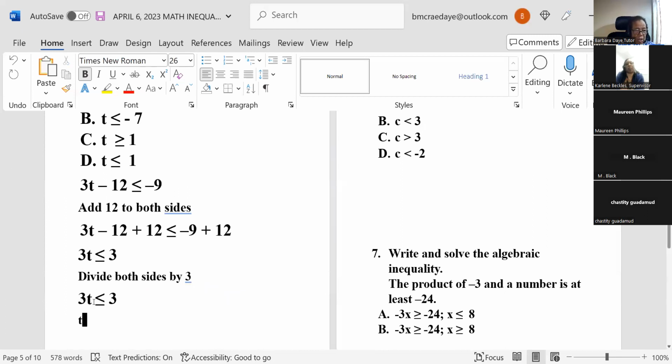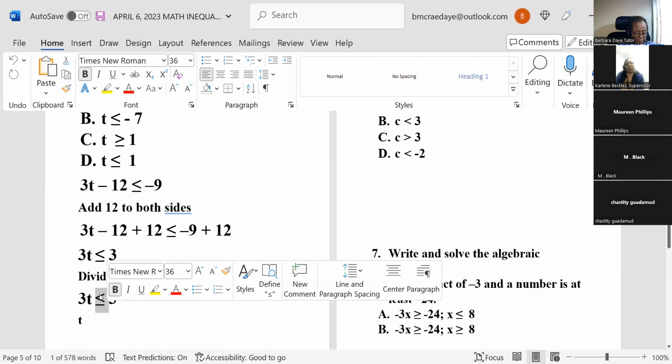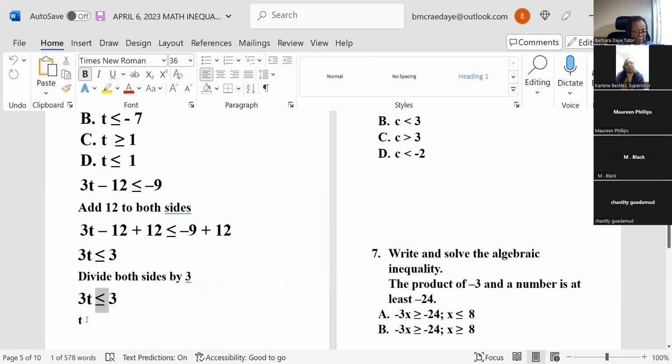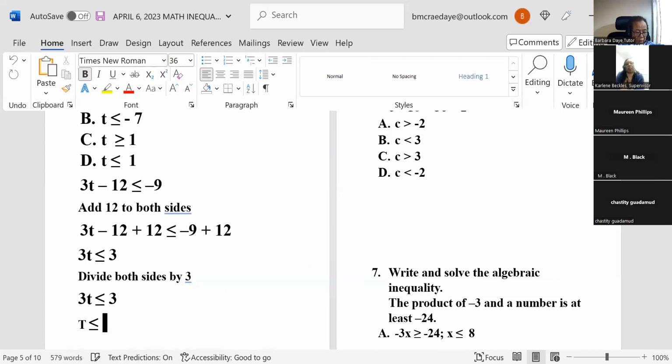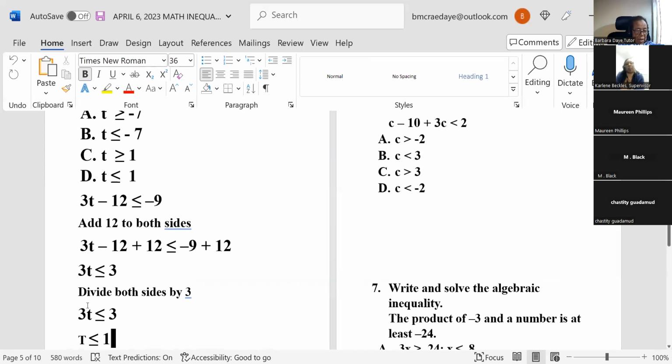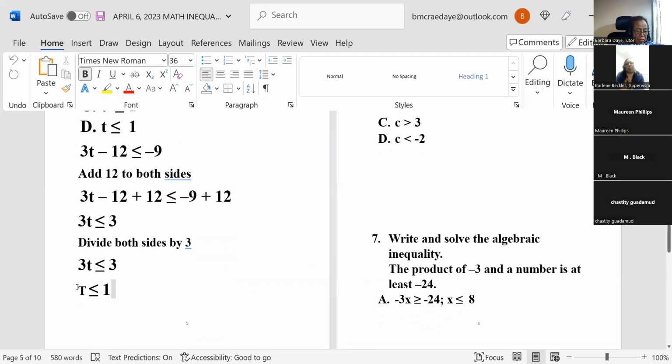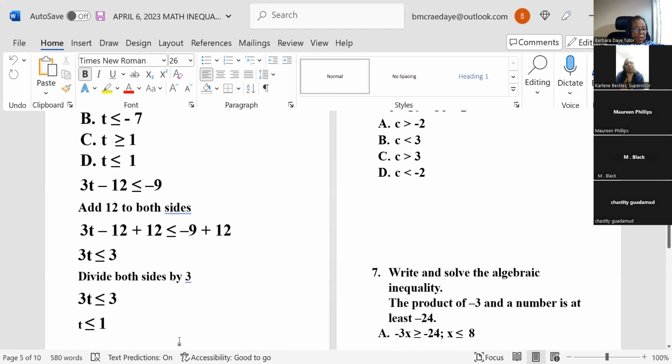So t less than or equal to 1. So that answer is what? A, B, C, or D. D. Okay. t less than or equal to 1, and that's answer D.